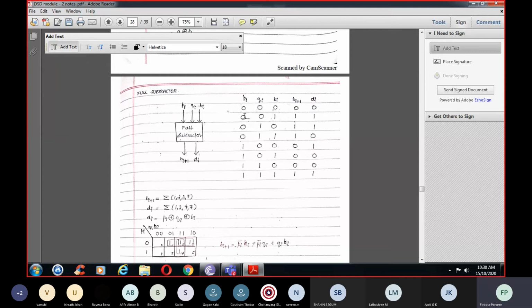So now, 0 minus 0, 0 minus 0, you'll be getting borrow as 0 and difference also as 0. So 0 minus 0, it is 0. 0 minus 1, what is it? Minus 1. So minus has been generated. So you'll be having a borrow 1 and difference is what?